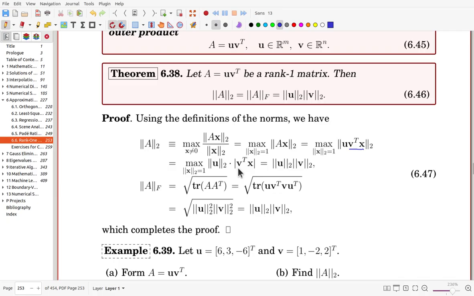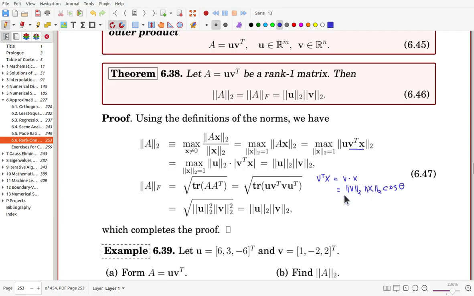Now, that one is a dot product, and we can use a well-known formula: V transpose x is the V 2 norm, x 2 norm, and cosine theta. Theta is the angle between V and x.